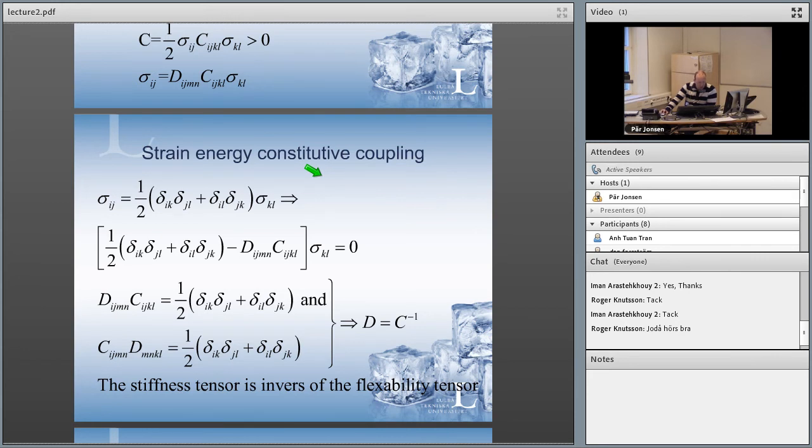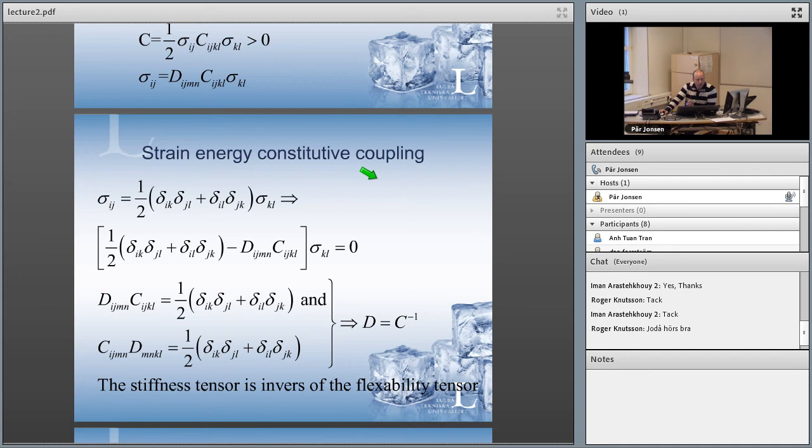Then you can write the combination of the stiffness tensor and the flexibility tensor like this. And you can also, you see here, change it the other way around. Then you can prove, as this one is true and this one is true, they should be inverse of each other.